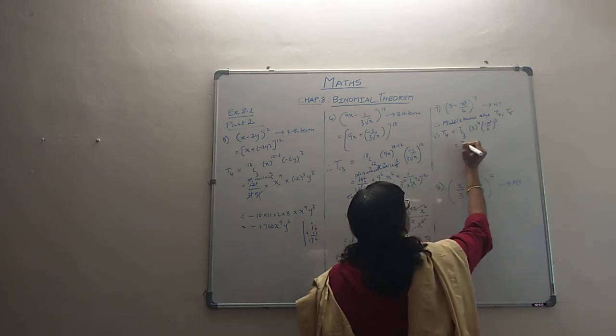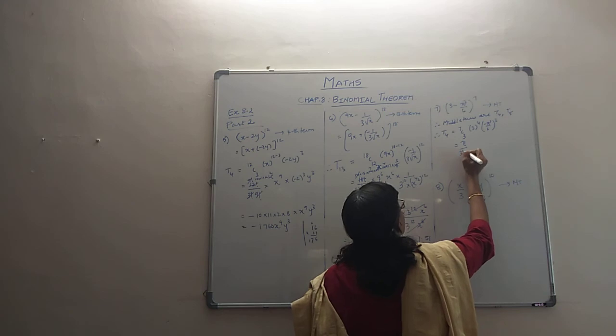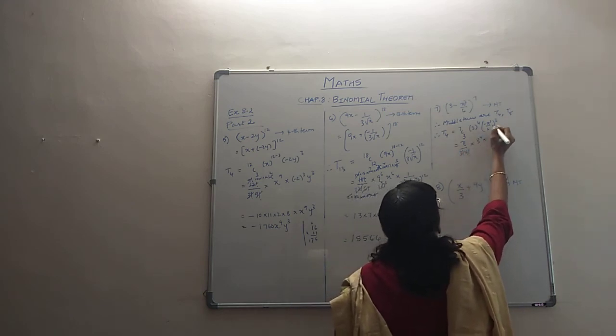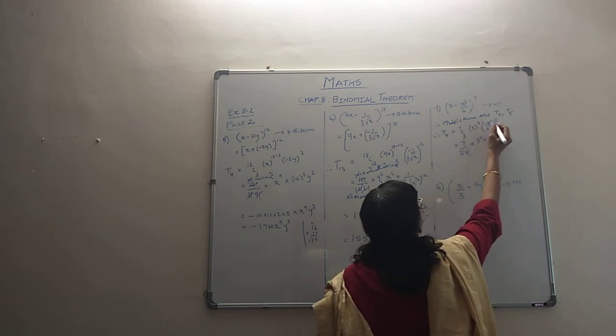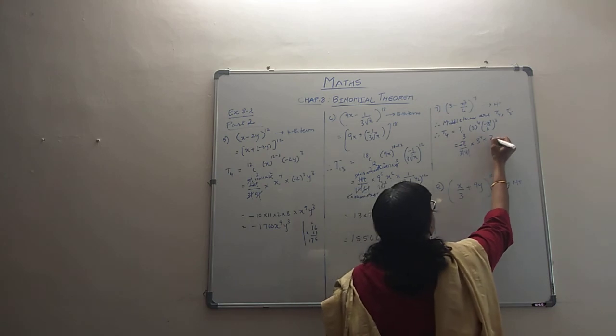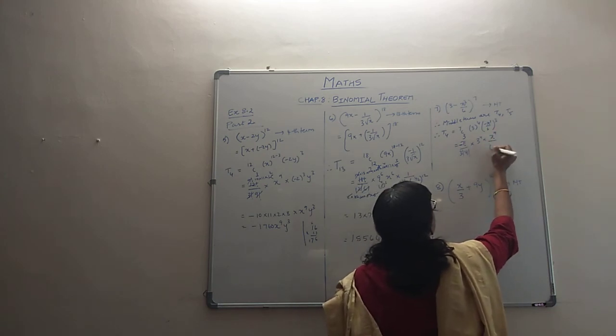So, when we solve this, 7 factorial by 3 factorial 4 factorial, 3 raised to 4, because it's an odd power, there will be a negative sign, x raised to 9 and 6 raised to 3.